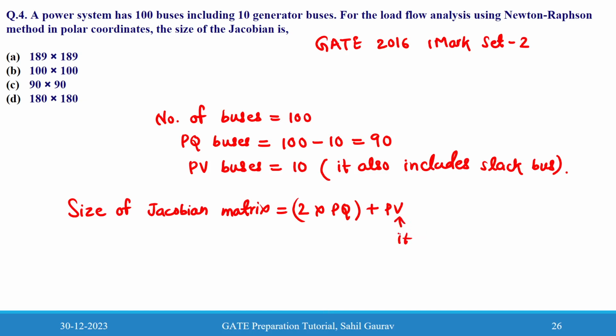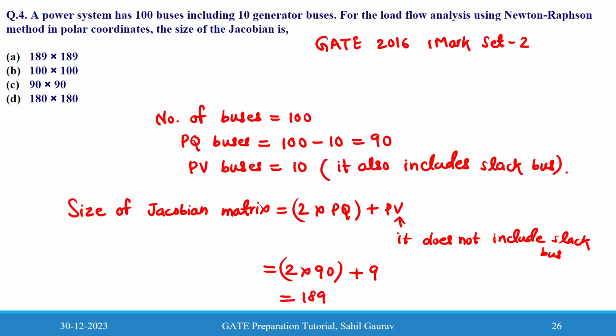It does not include slack bus. Therefore, size of Jacobian matrix is 2 into 90 plus PV is 9, so 189. Therefore, correct answer is A. That's all. Thank you.